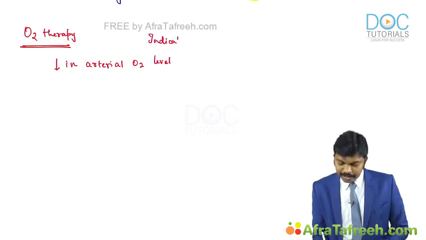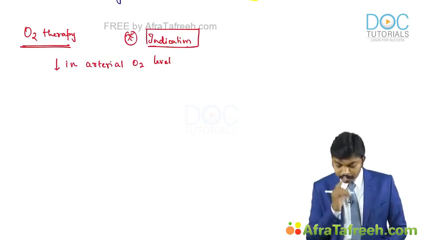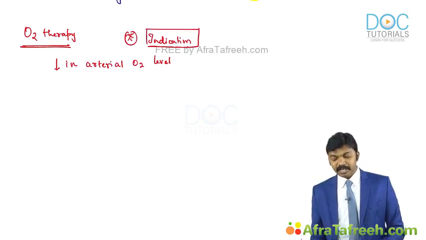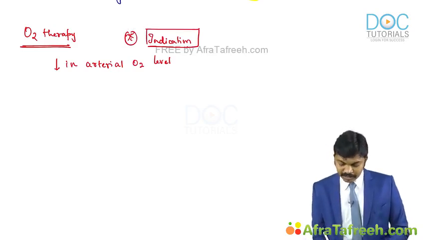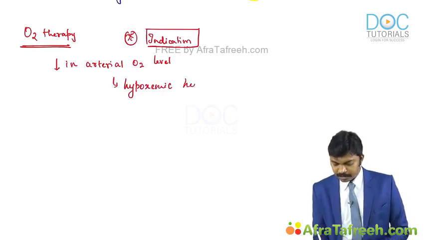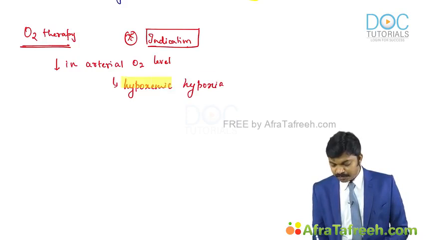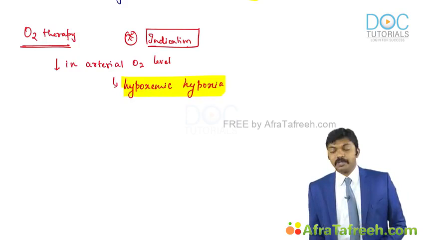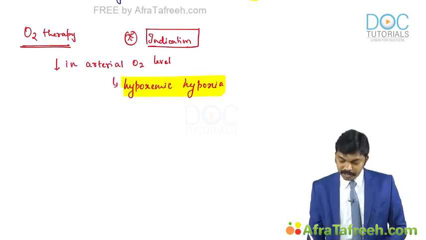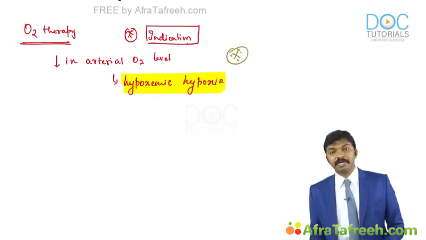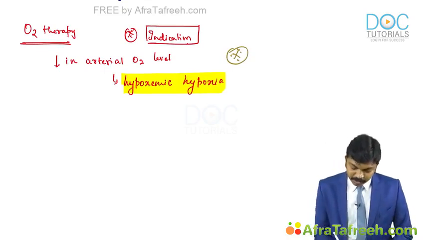The primary indication of oxygen therapy, the best and most important indication of oxygen therapy is reduction in arterial oxygen level, that is nothing but hypoxemic hypoxia. So oxygen therapy is applicable and useful only in hypoxemic hypoxia, not in other cases of hypoxia, doctors. So remember, oxygen therapy is applicable only in hypoxemic hypoxia. This oxygen therapy is applied at normal pressures.